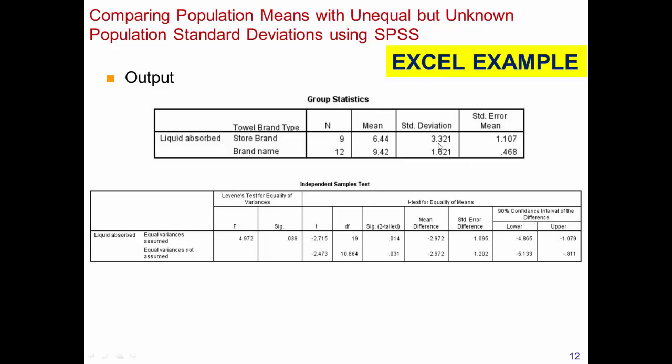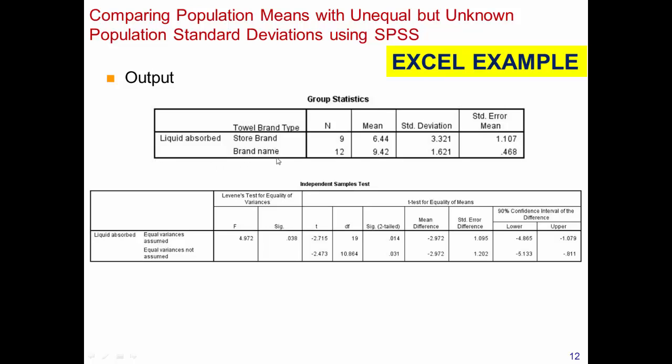So what does that mean? Well, if you take the standard deviation and divide it by the square root of the number of observations, the square root of 9 is 3. If we divide 3.321 by 3, we get 1.107, and that is a measure of the variation.